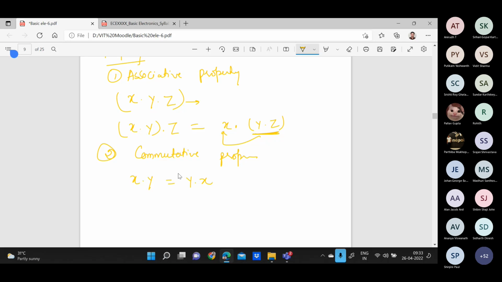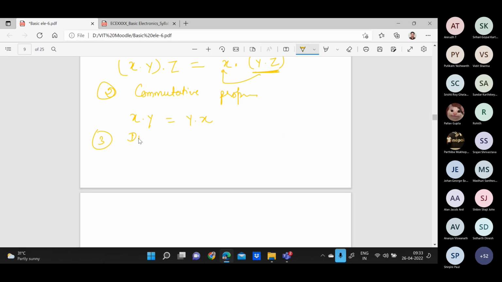Okay, and there are some distributive properties also. The third one is the distributive property. It says that if you have any function like X plus YZ, you can write it as X plus Y times X plus Z. Like that also you can write it down.